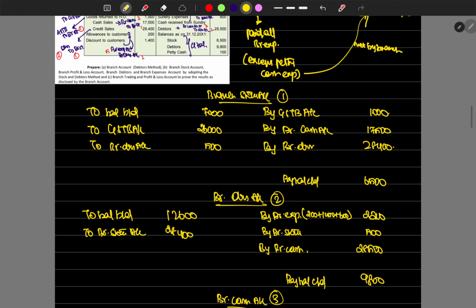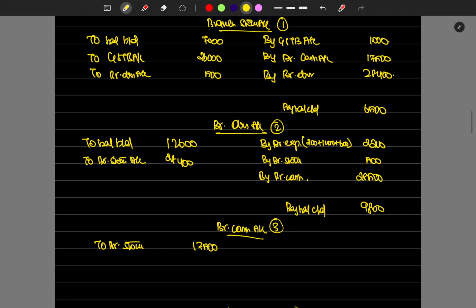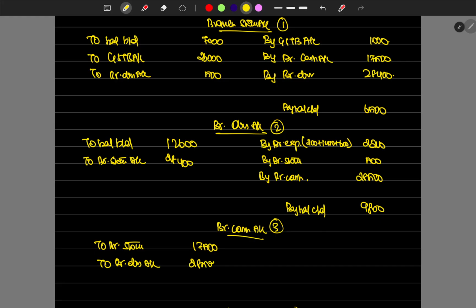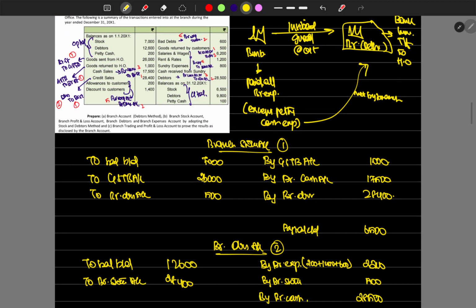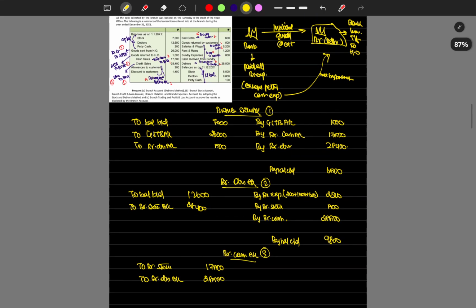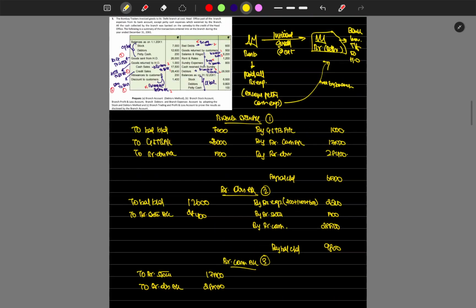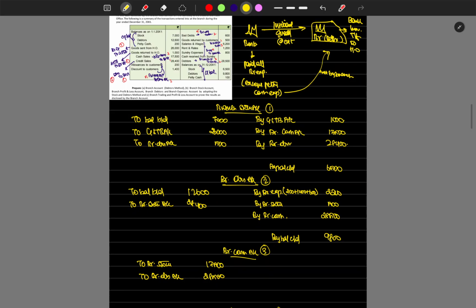Then to branch debtors account, which is 28,500 we received. Right, now that said, we have entered all the values. Now we have to find out what the balances of all these are. Okay guys, let's close the balances one by one.